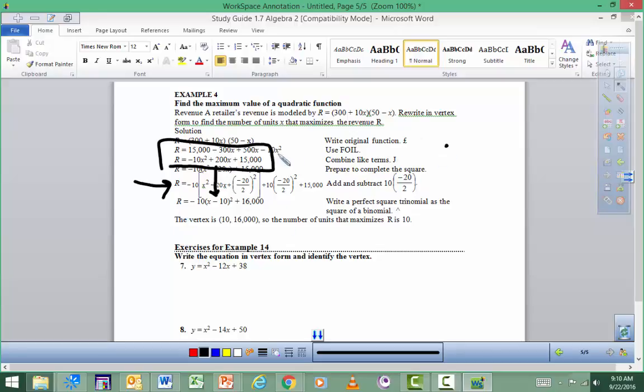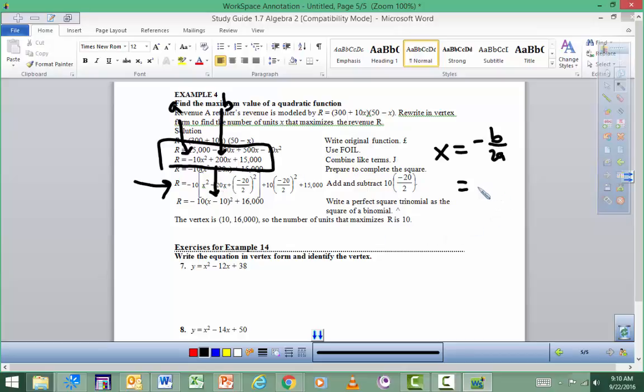But remember, if we want to find the vertex, we could also say x is equal to negative b over 2a. And had we taken that route, we might have gone a lot faster, because this right here is your b, this is your a, right? And so you could have gotten the x coordinate really fast, and it would be probably faster than completing the square.